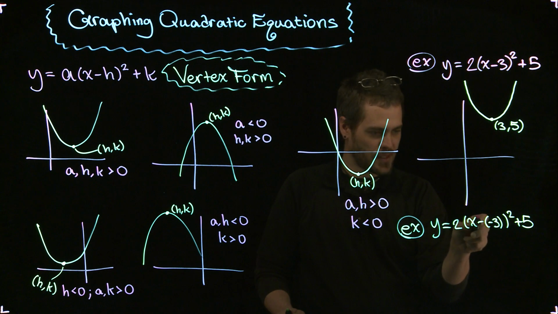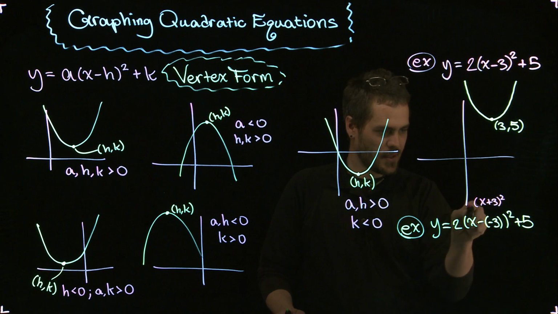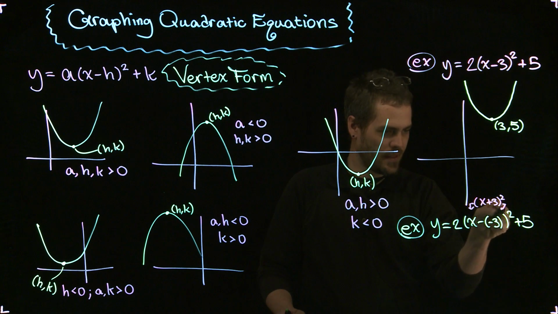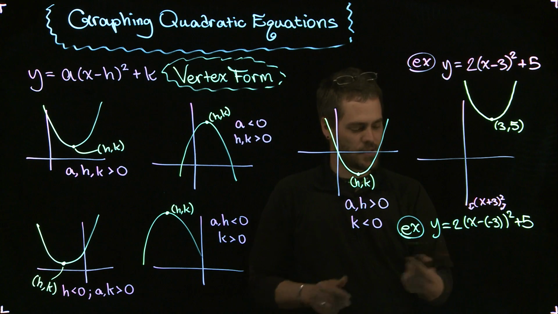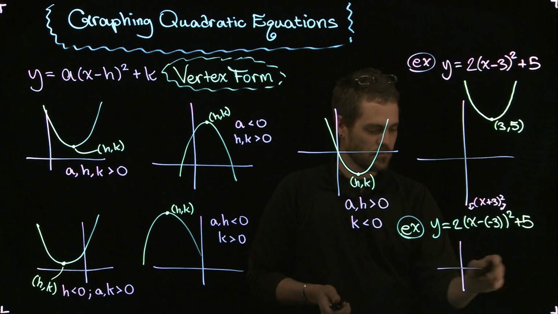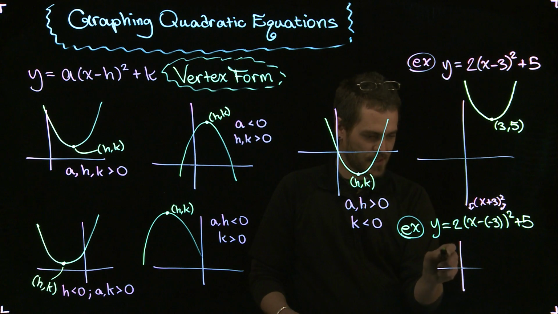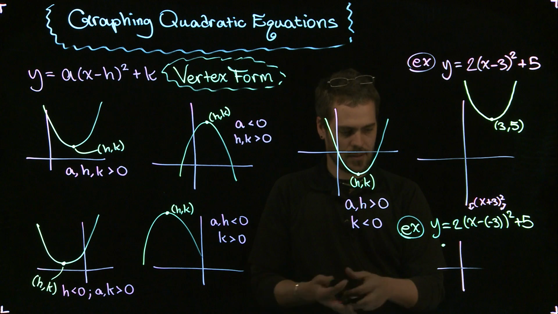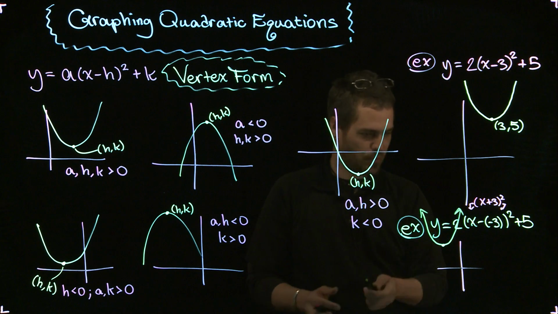So if there's a plus to start with, like x plus 3 squared, you force it to look like that, and now it matches the vertex form. And I can say, okay, I know that I've got an h, k of negative 3 for the x and positive 5 for the y. This is still positive, so it's going up.